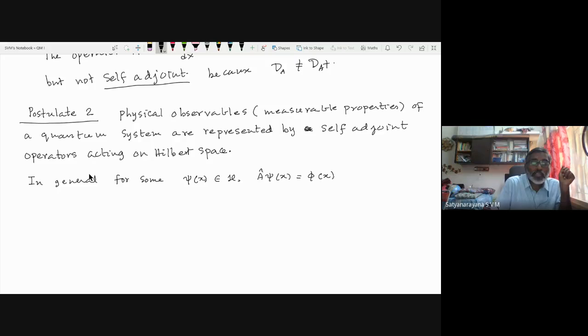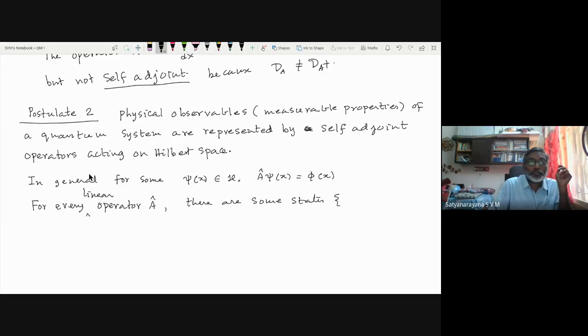So the action of an operator is to change the state to some other state. But for every linear operator A, there are some states. Let us call them phi n of x.